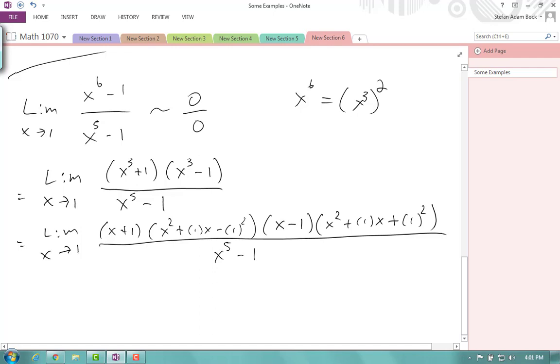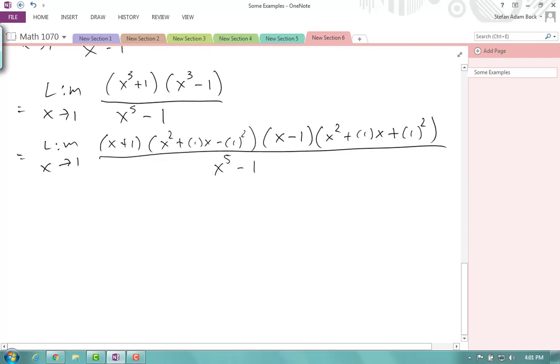Now x to the 5th minus 1. This factor rule I used for the cubes here actually generalizes to higher powers, and I'll write out what it looks like. x minus 1 times x squared plus x plus 1.